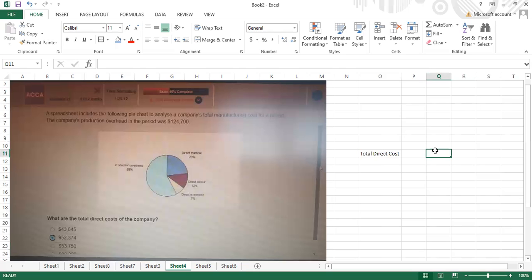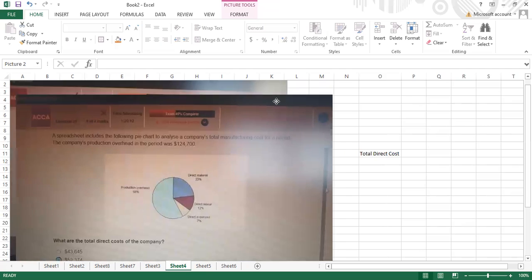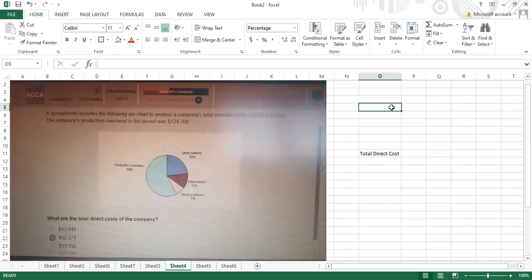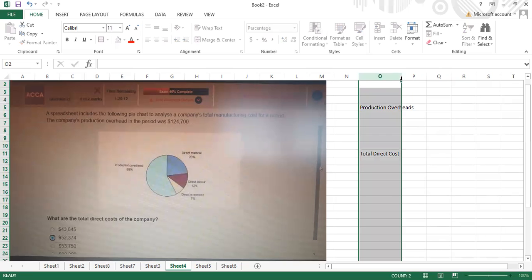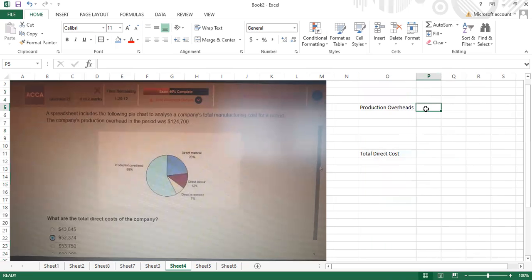The company's production overhead in the period was $124,700. Okay, and it's saying that production overhead is 58%, if I'm not wrong.